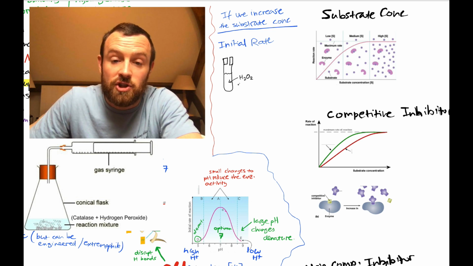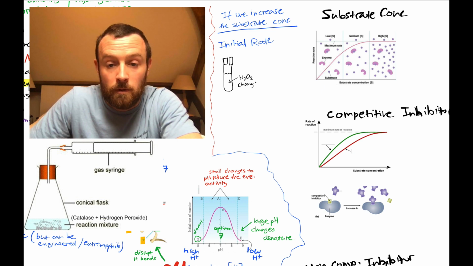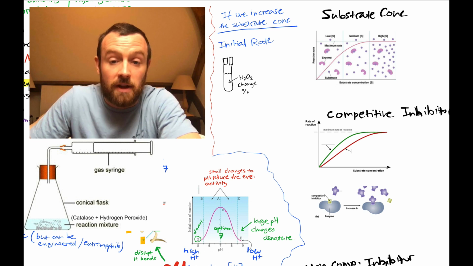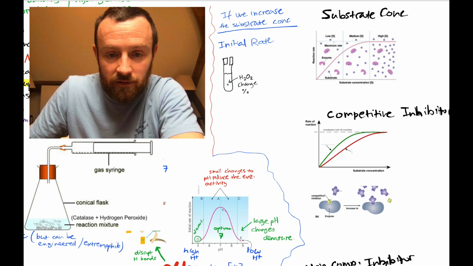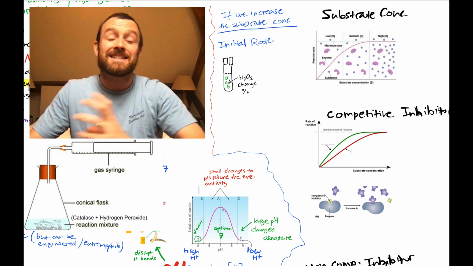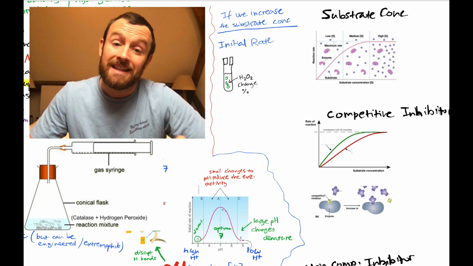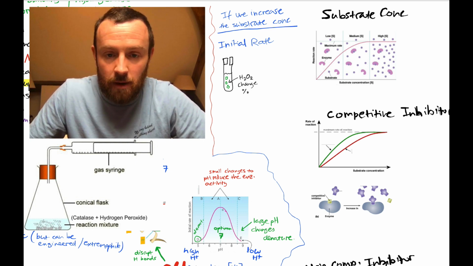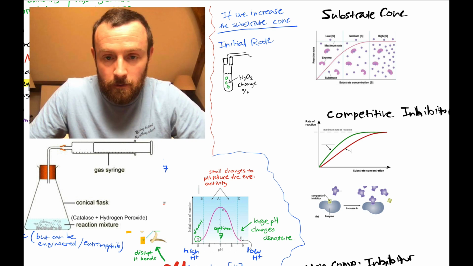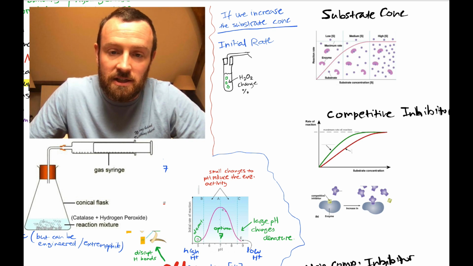And we can change the percentage concentration of H2O2. And in there, we might put some pieces of living tissue. It might be cubes of potato or pieces of liver even, and that contains the enzyme catalase. Then we could connect this up via a delivery tube, and we could connect it, let's say, to a gas syringe.